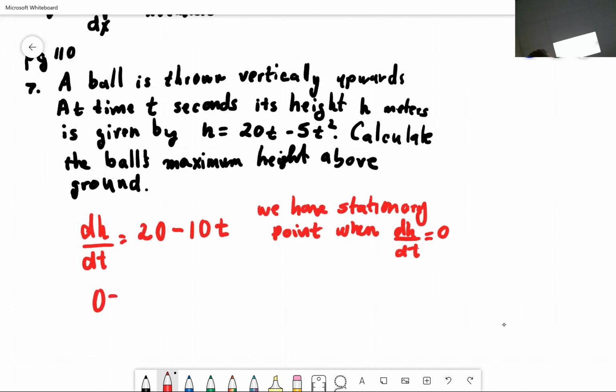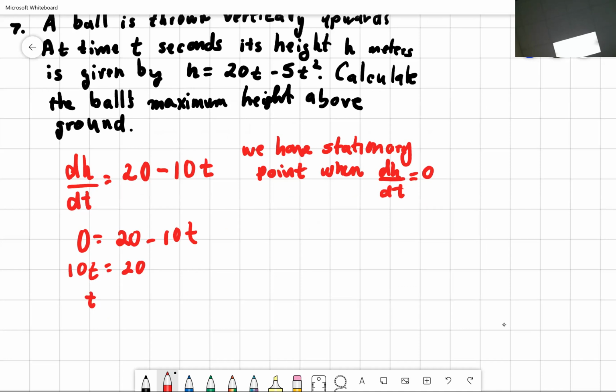So 0 equals 20 minus 10t. So we have 10t equals 20. So t equals 2.